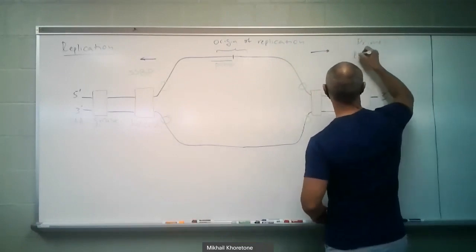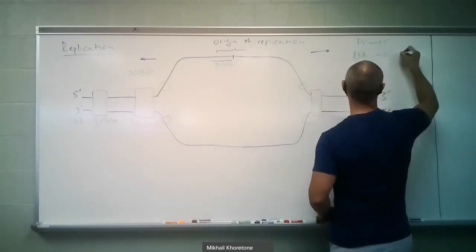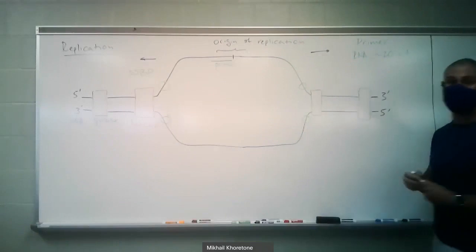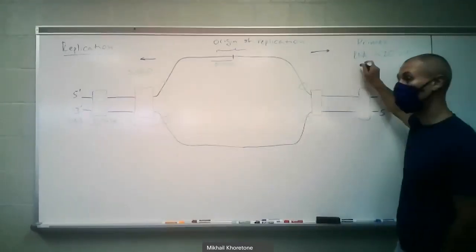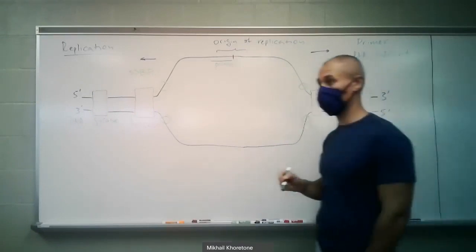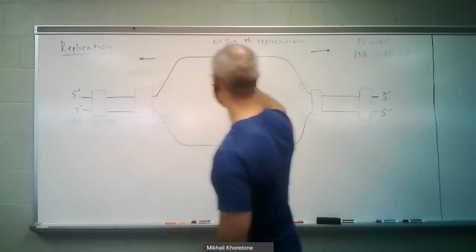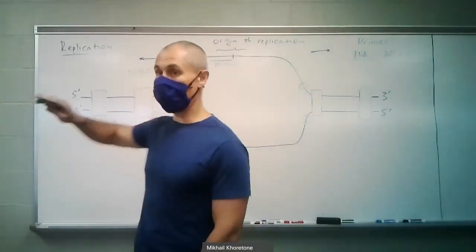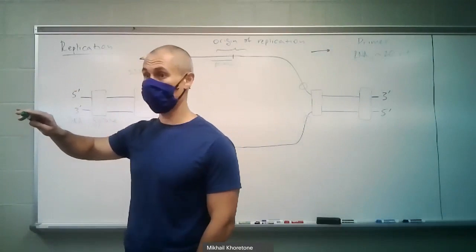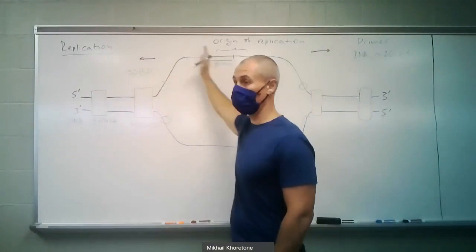Primer is RNA about 20 nucleotides long. And I want to emphasize this: it's RNA, not DNA. So primer gives the DNA polymerase a site where it is supposed to start copying.